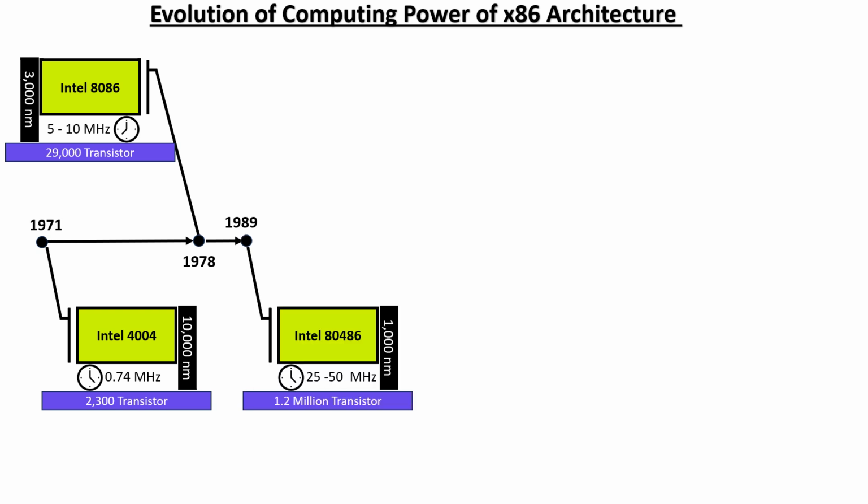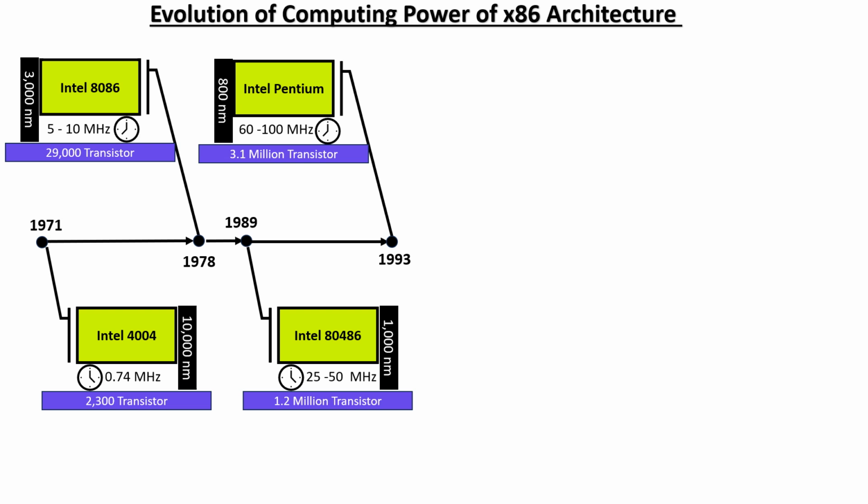In 1989, Intel 80486 came up with 1.2 million transistors. The clock speed improved further to 50 megahertz, and the technology further shrank to 1000 nanometer space.